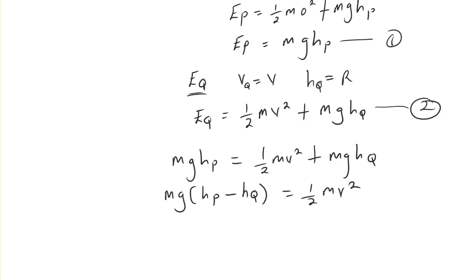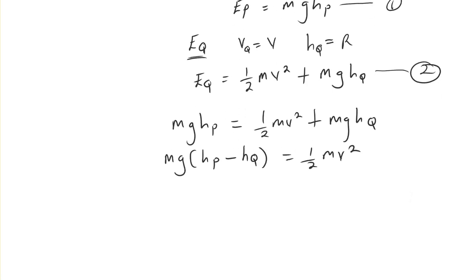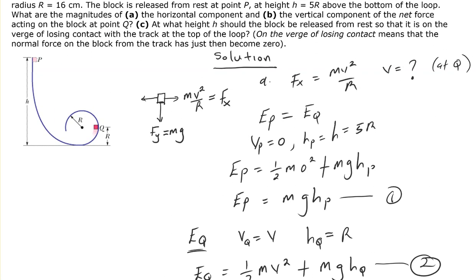Now I can multiply both sides by 2 and divide both sides by m. By so doing, I would have 2g (HP minus HQ) is equal to v squared. And this is actually what we need. We don't really need v, we need v squared, because Fx is mv squared over r.